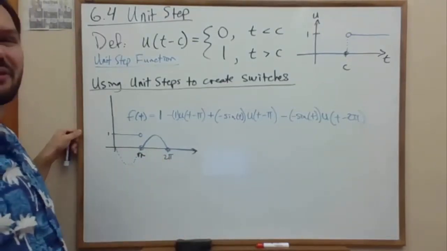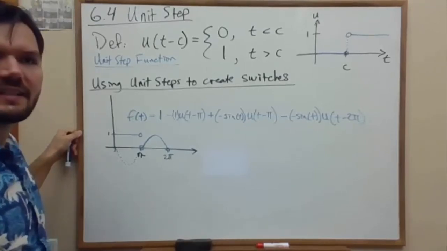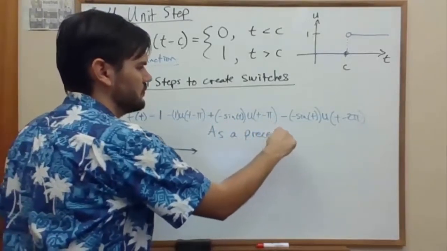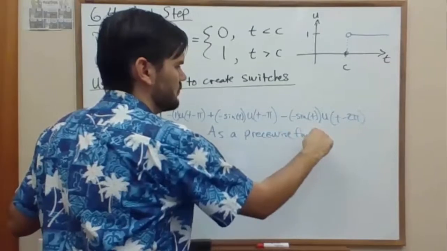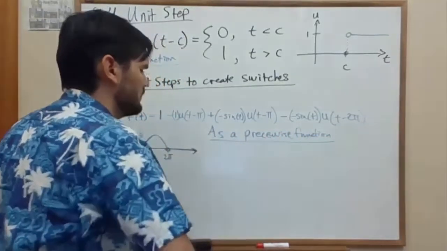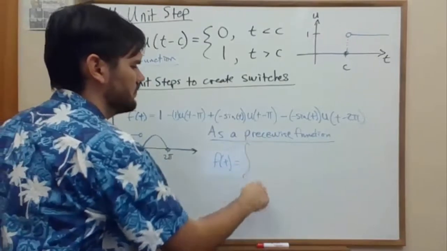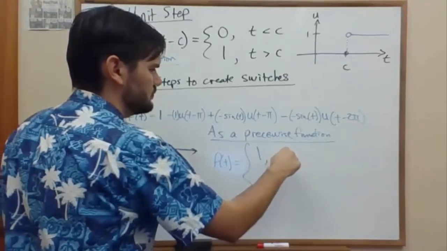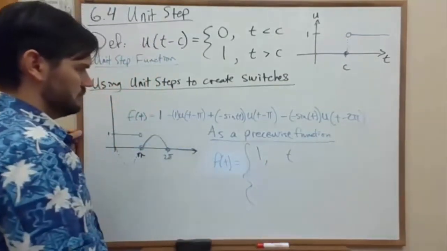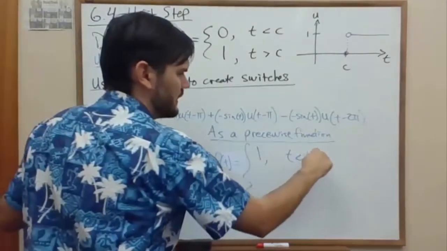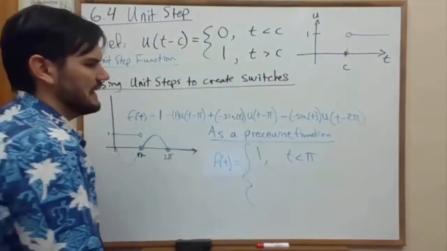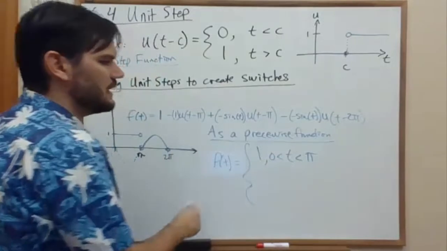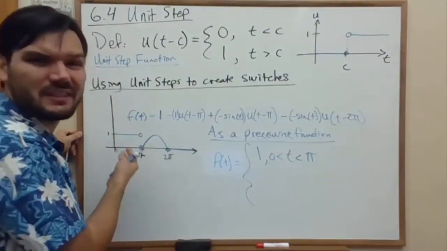Now notice that you can also write this kind of switch function as a piecewise function. For all t less than pi, we can look at a value being 1, and we could say between 0 and pi, because we're never going to consider time before 0.